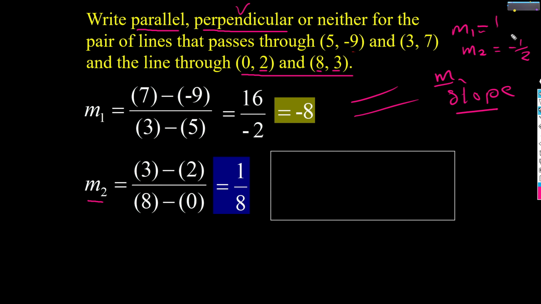When you multiply them, or get the product of each, you should get -1 in order for us to say that the lines are perpendicular to each other. If you don't get it, it means that the lines are not perpendicular to each other.